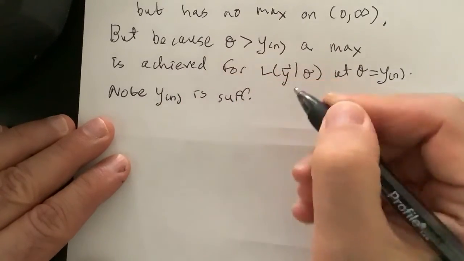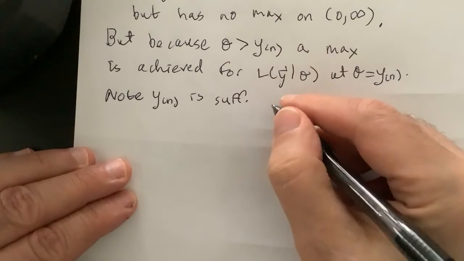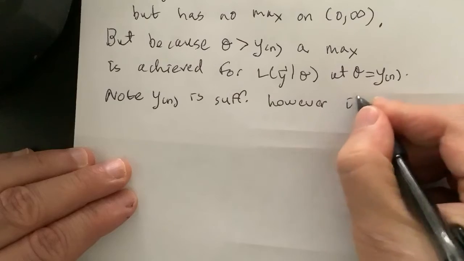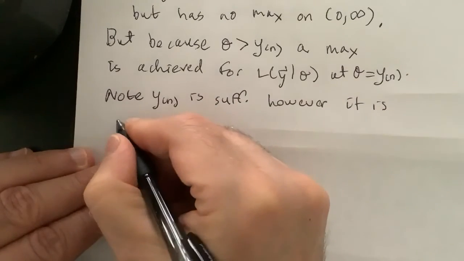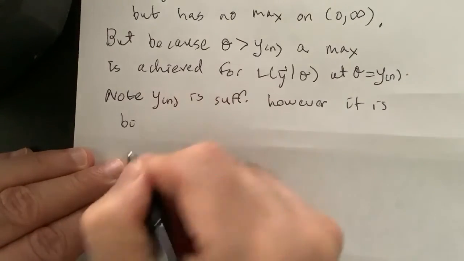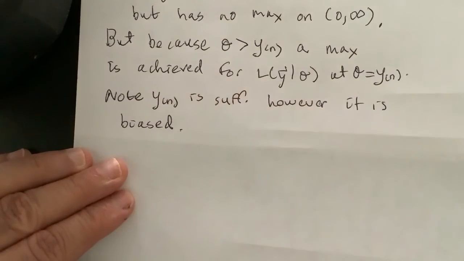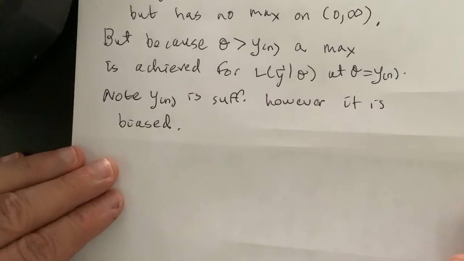However, this time it is biased. So it's not an MVUE, but we didn't claim they all had to be MVUEs. We just claimed they had to be sufficient. The first two examples were also unbiased, so they turned out to be MVUEs.